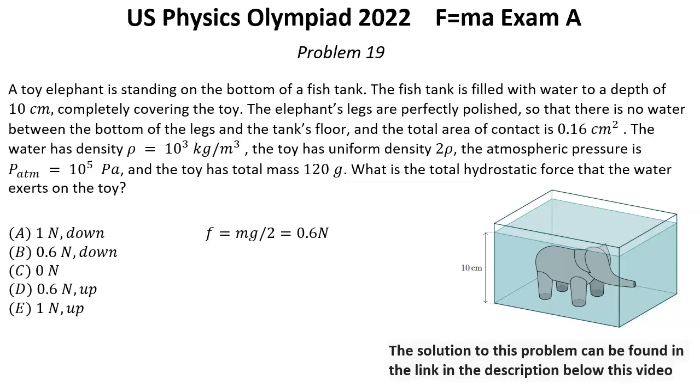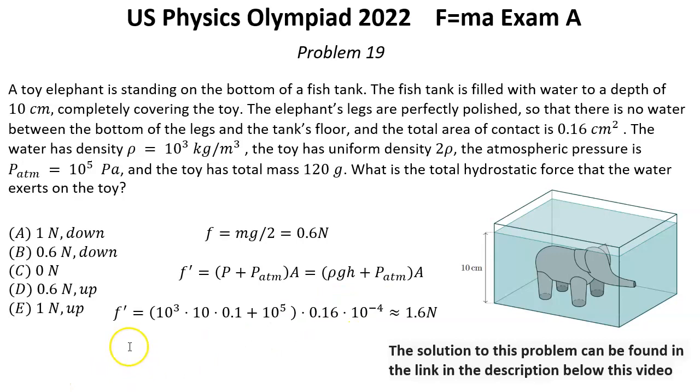Therefore, we should subtract an upward force F prime equal to P plus P atmosphere multiplied by contact area A, which is rho g h plus P atmosphere multiplied by A. Now let's calculate this. That will be this expression, which is approximately equal to 1.6 newtons.